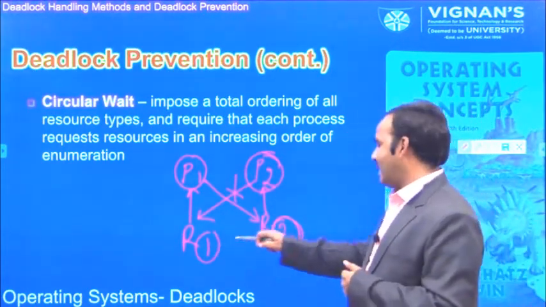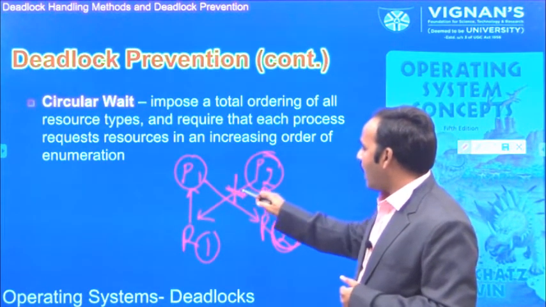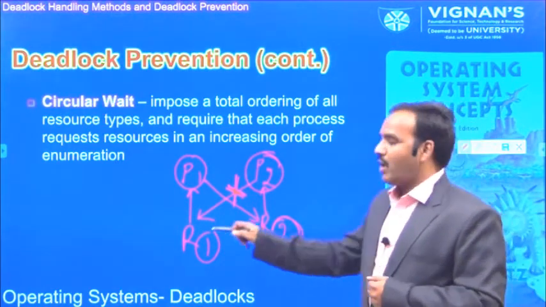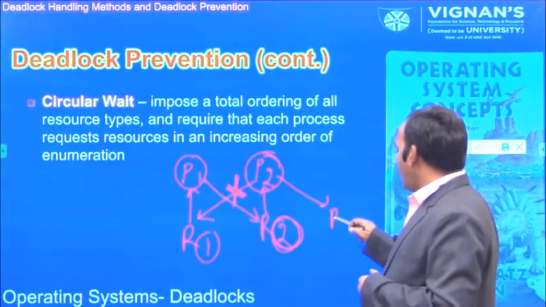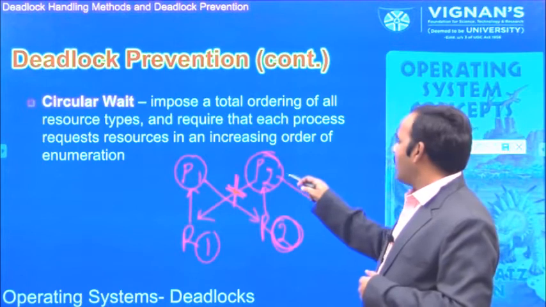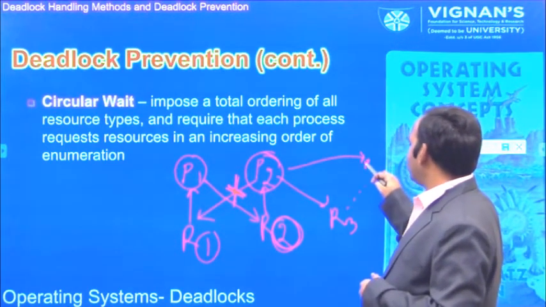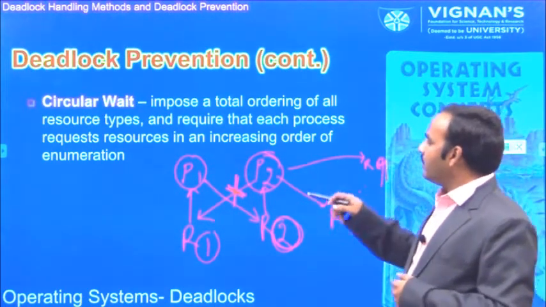So R1 is less than R2, so P2 should not request a resource less than R2. P2 can request R3, meaning greater than 2. It can request R2, and it can request anything greater than that.